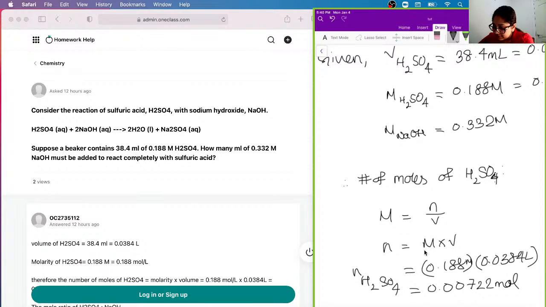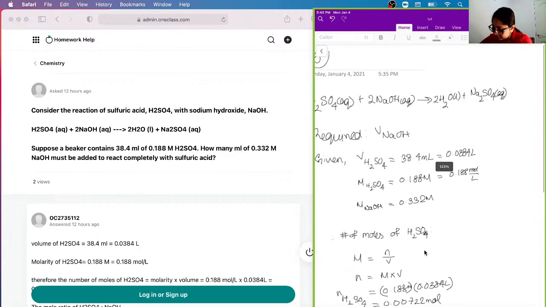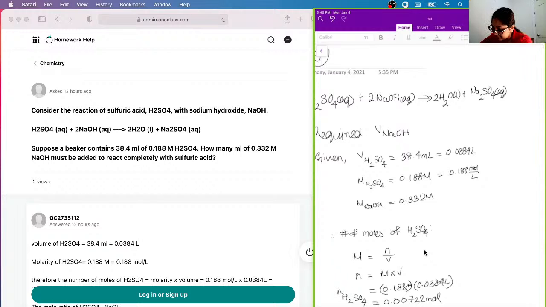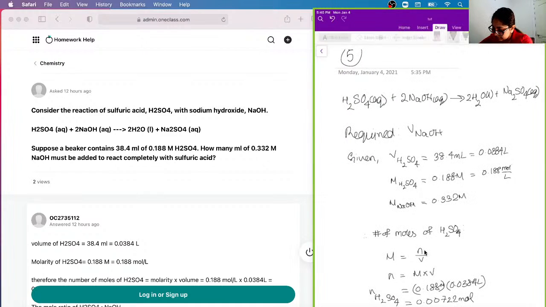Okay, and so you can see from the equation that we have here that this is a 1:2 ratio of sulfuric acid to sodium hydroxide. And so you can probably imagine that the number of moles would be doubled for sodium hydroxide.